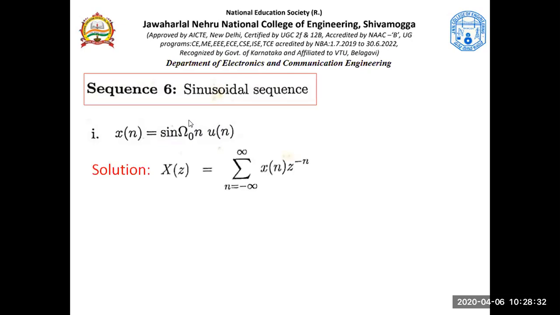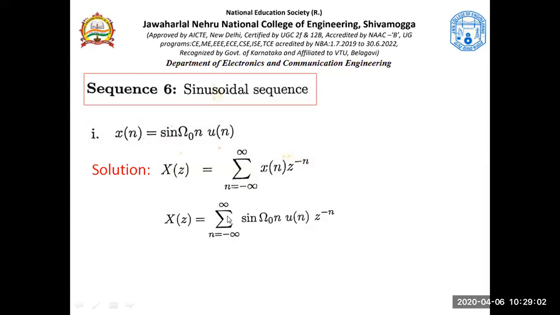If you have to find the Z transform of this, you need to substitute this sinusoidal function in place of x of n. That is what is done in the next step. Now, what needs to be done in this step? This is something we do with every sequence when finding the Z transform. We manipulate the limits of summation.